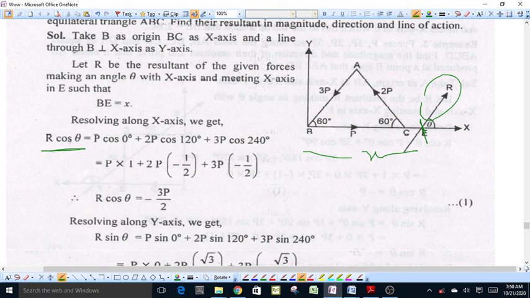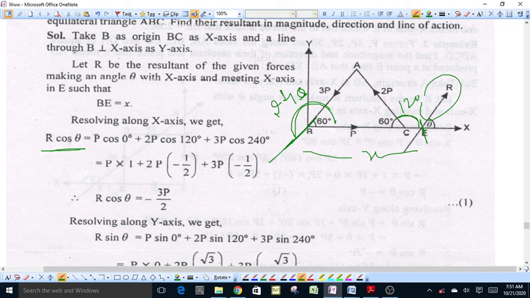The x component of the first force P will be equal to P cos 0 because the direction of P is along the x-axis, and that of 2P will be 2P cos 120 because 2P makes an angle 120 with the positive direction of the x-axis, and that of 3P will be equal to 3P cos 240 because this force makes an angle 240 with the positive direction of the x-axis.